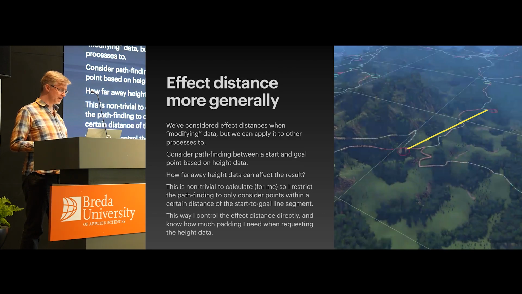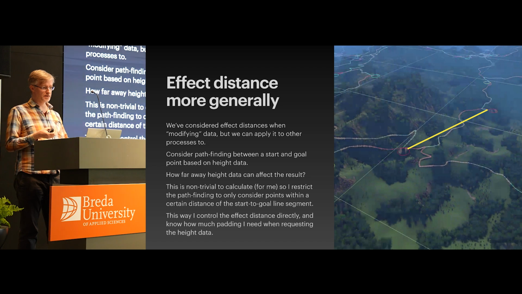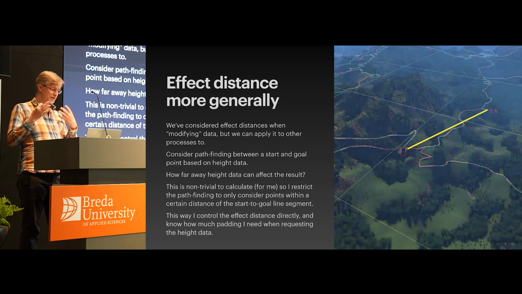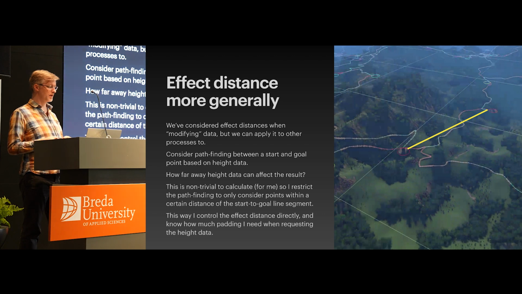And now that we thought about effect distance for modifying data, we can also think about it more generally. For example, for pathfinding, it's clear that the surrounding heights affect what pathfinding paths you will get, but how far away can they affect it? It's a little bit unclear. At least for me, it's not trivial to figure out how far away the terrain is going to affect the solution path.